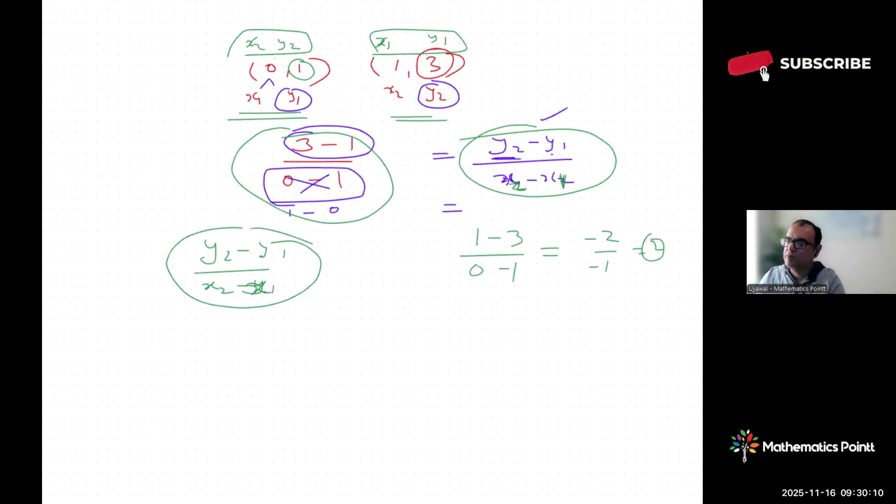All right, let's keep moving. What I will now do is go to the next page. I'm going to give you a graph, and I want you to find me the slope of that straight line that I'm going to give you now.